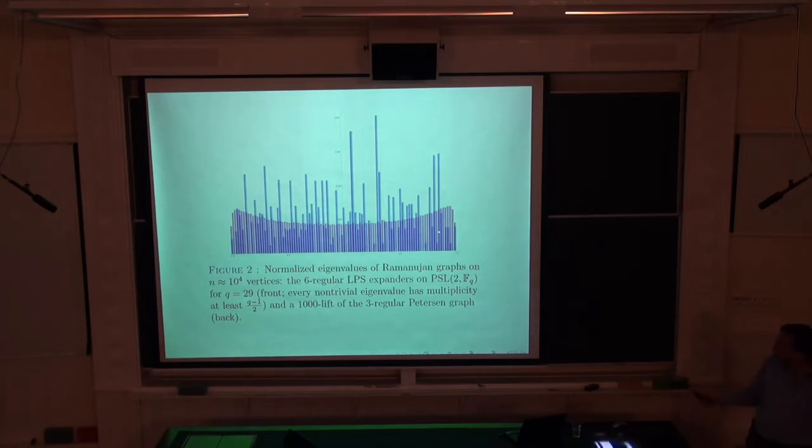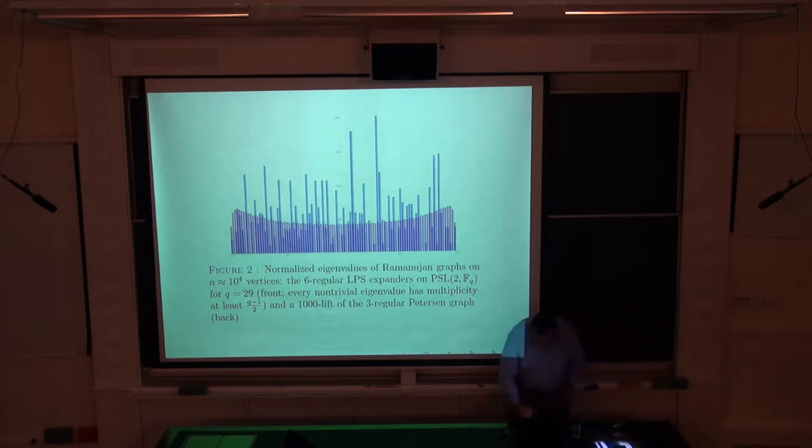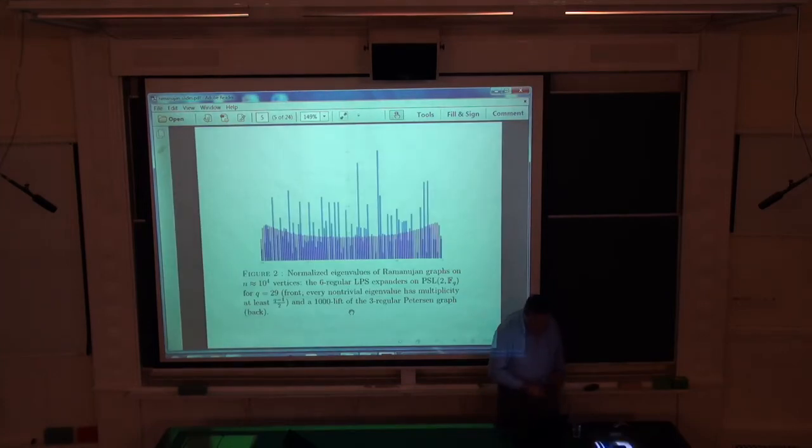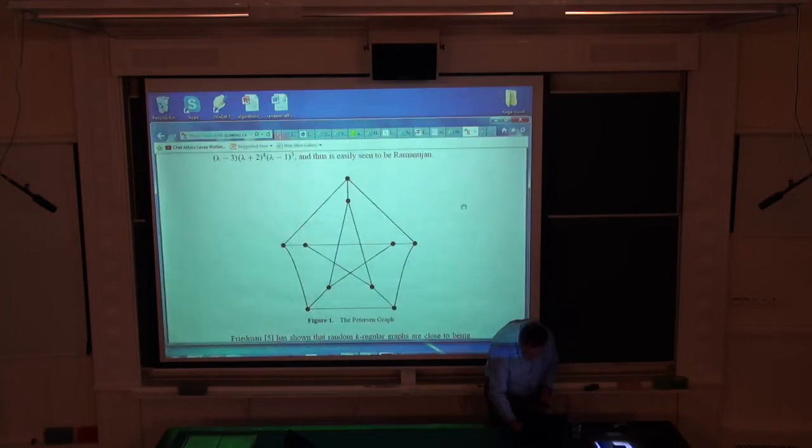The other graph you see in the background is another Ramanujan graph, which is a random lift of the Petersen graph.